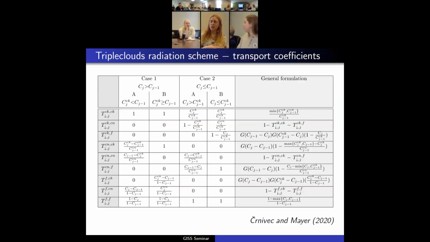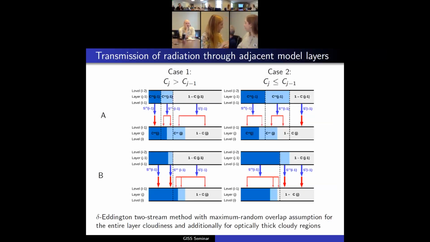You see we have 9 coefficients, which describe what portion of radiation from each of the 3 regions in the layer above flows in each of the 3 regions in the layer below. And then we have 4 different cases, and finally I have derived a general formulation shown in the rightmost column. So if I go back to the previous slide for a second, with this S we typically denote direct solar radiation beam.